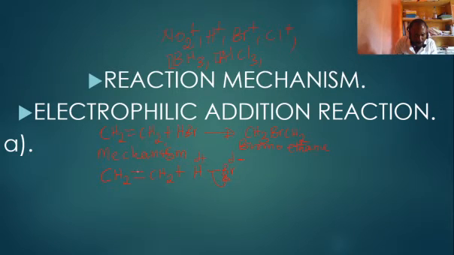And the pi bond here is now going to attack the hydrogen, the slightly positive proton here. When this happens, a bond is going to be established between this carbon, let me number the carbon atoms, carbon 1, and a proton. Observe carefully.